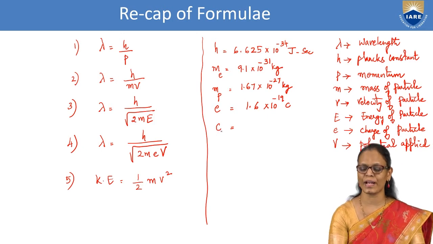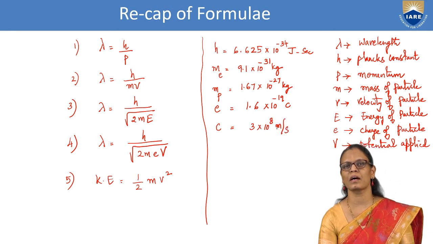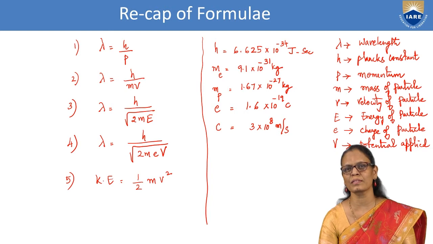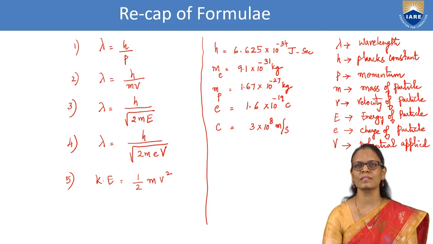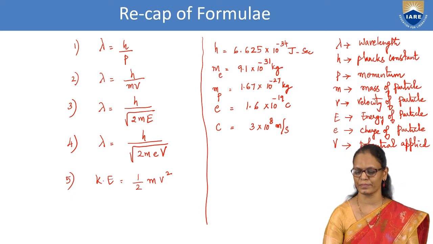The velocity of light c is 3 into 10 power 8 meter per second. So all these things are required. The numericals are very simple, just to understand one simple concept, that is the de Broglie wavelength. But you will be doing a number of numericals to make your concept very clear.